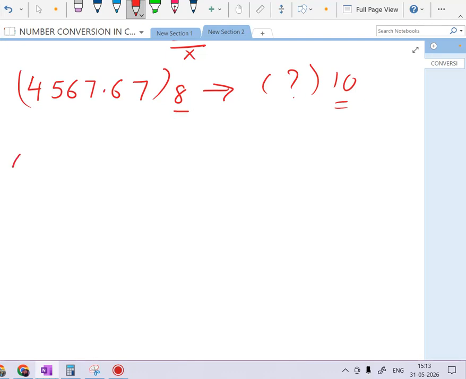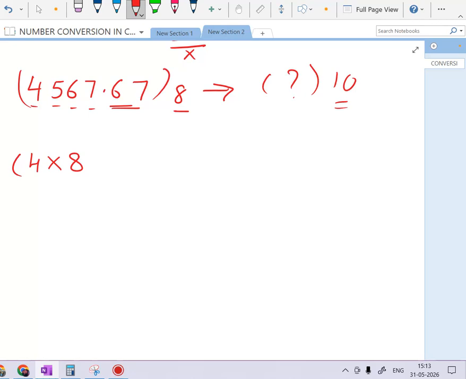Now I think learning one pattern has become very easy for you, right? I have told you. Same pattern follows here. Multiply each digit with 8. Now here I will not show you separately, here I will continue, because the fraction part I have already explained in the previous example.